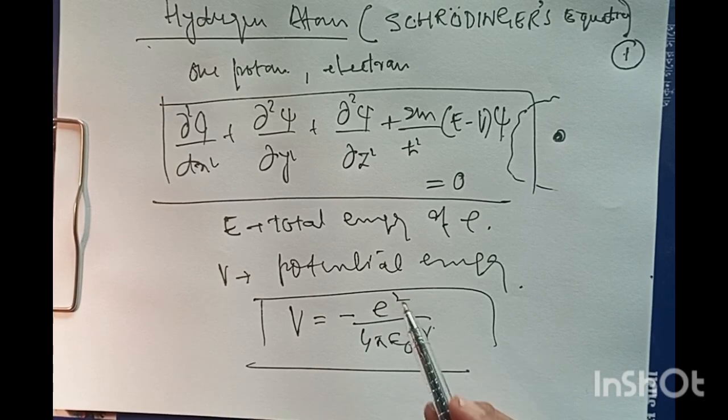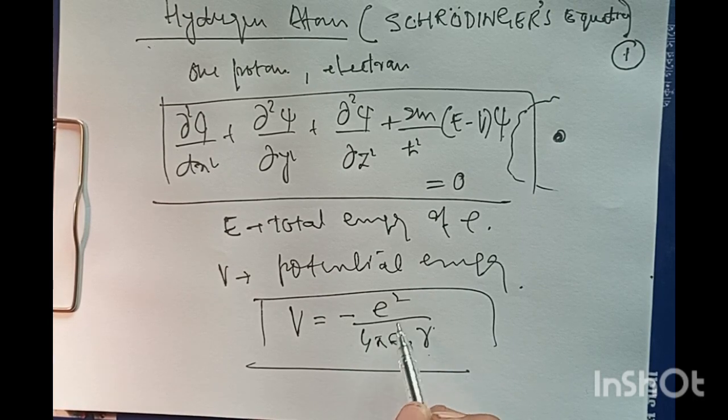One is that we should express this potential energy in terms of the Cartesian coordinates, writing it in terms of x, y, and z.